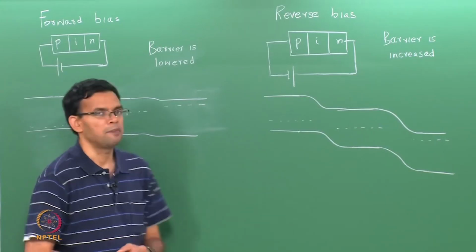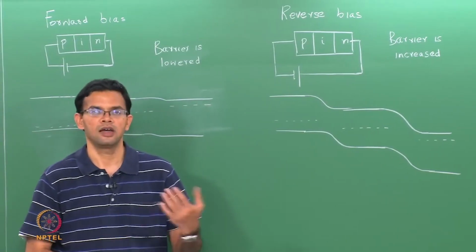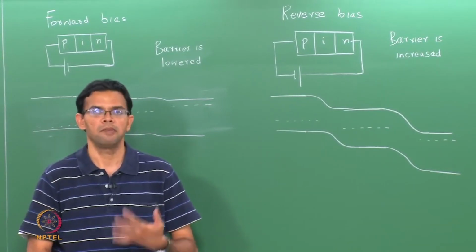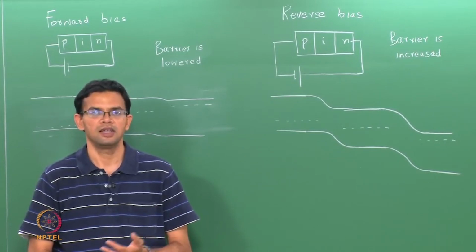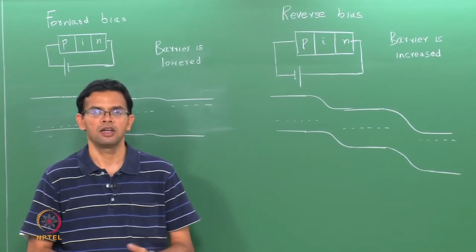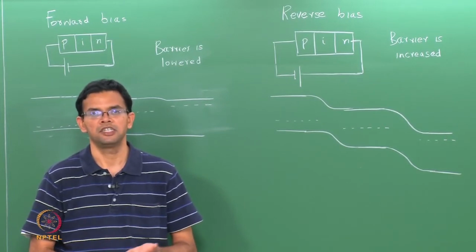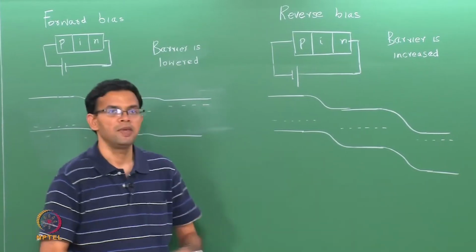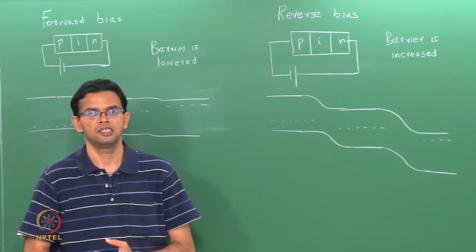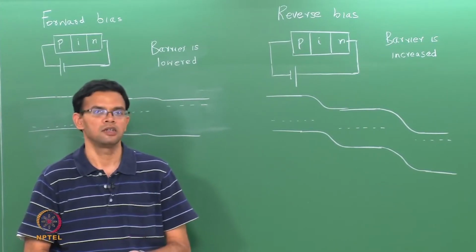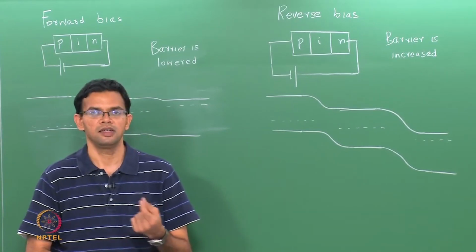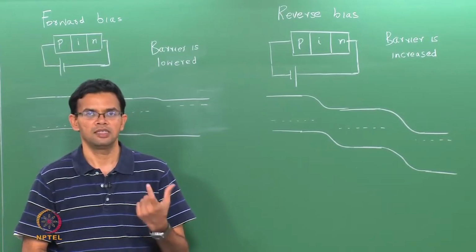So for this to happen, we essentially want the current through the device to be very small, because if there is a background current, that will essentially act as noise to the current that is generated by light shining on the material. So this happens when the PIN junction is essentially connected in reverse bias, so that electrons and holes that are typically created in the intrinsic region get separated.